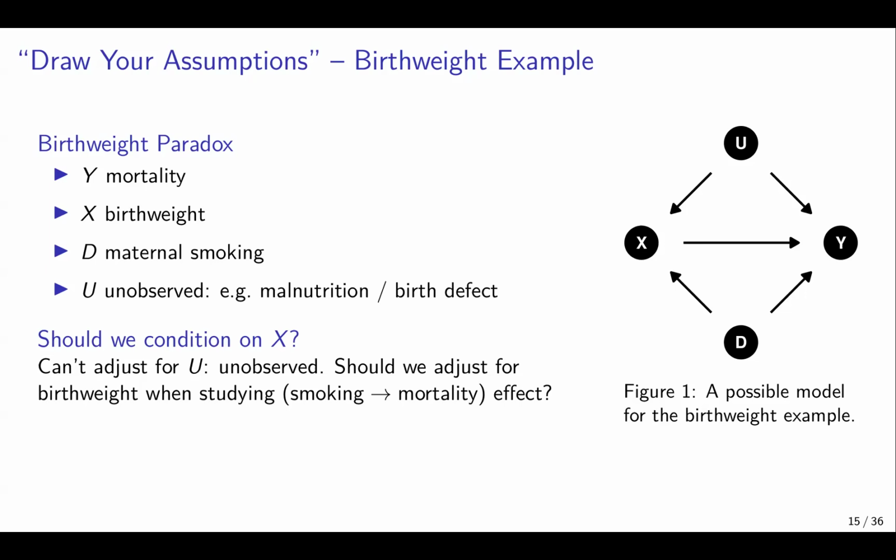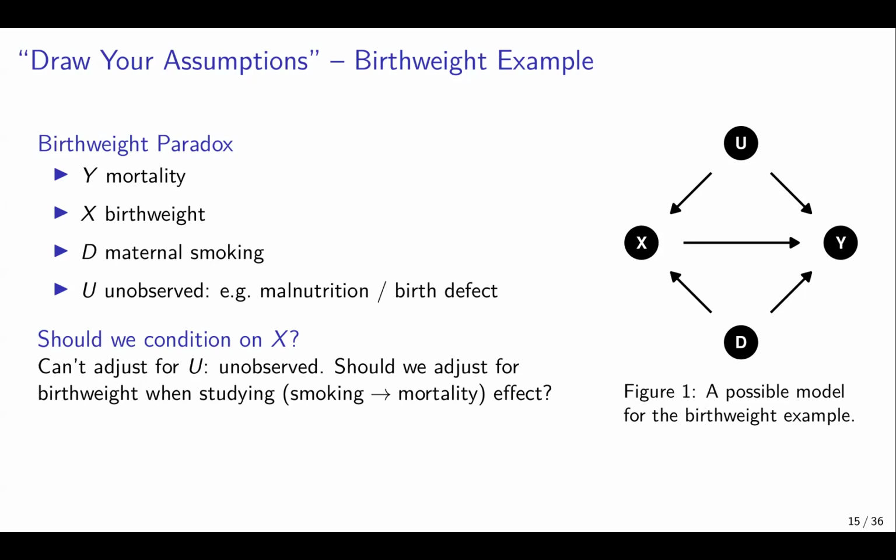But certainly maternal smoking could have a causal effect on Y. So I have drawn these arrows, and I'm interested in trying to understand whether there is in fact an arrow from D directly to Y. That's the causal effect of interest. And these other pathways are things that I think might be present, other causal channels that could be operating here.